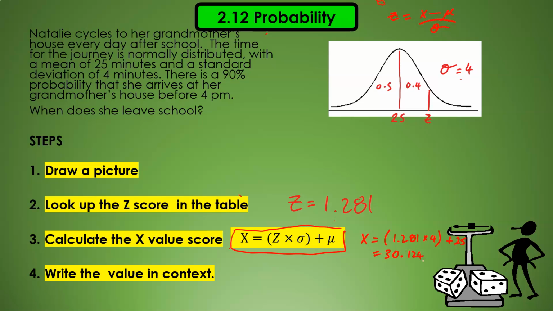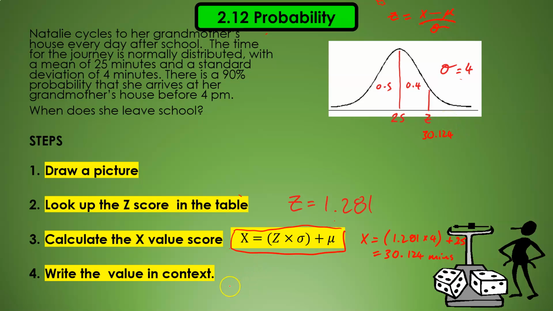So the key thing of working out what that means is it means that our x value is 30.124 minutes. On average it takes her 25 minutes. If she was to leave 30 minutes early, she would still be late some of the time.